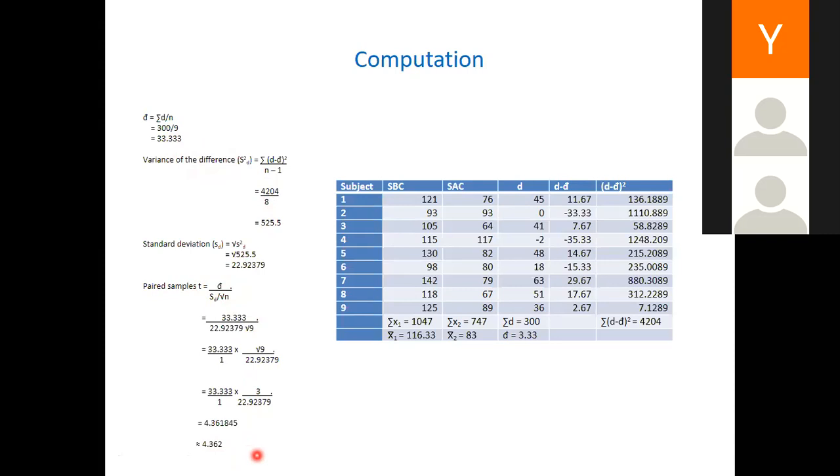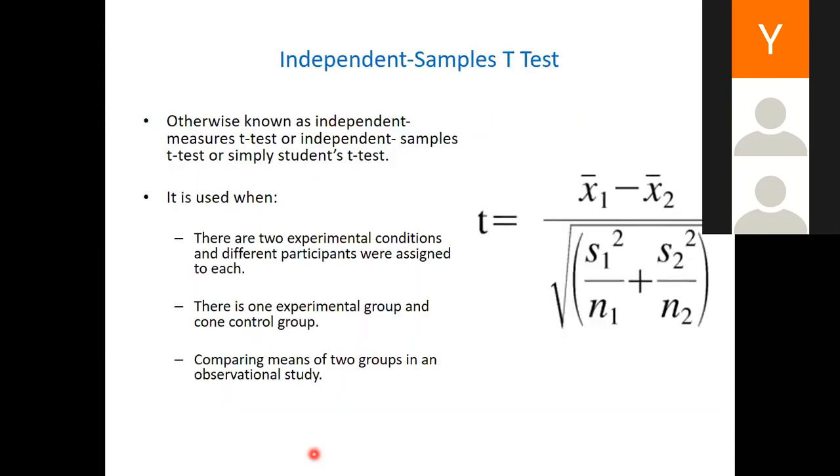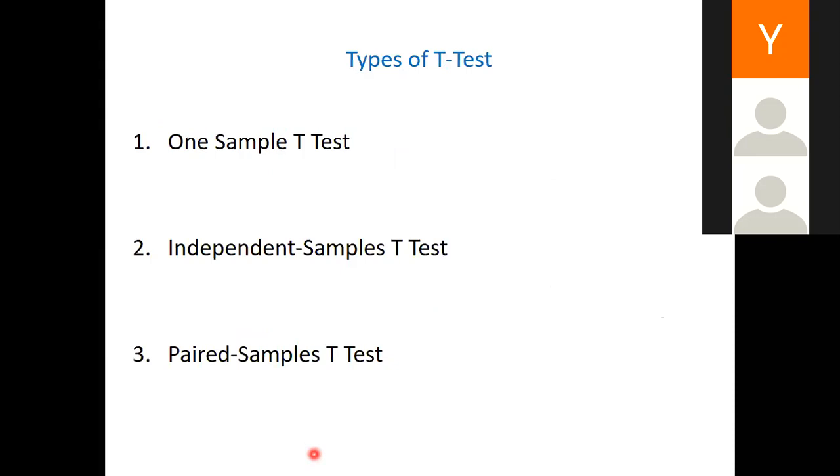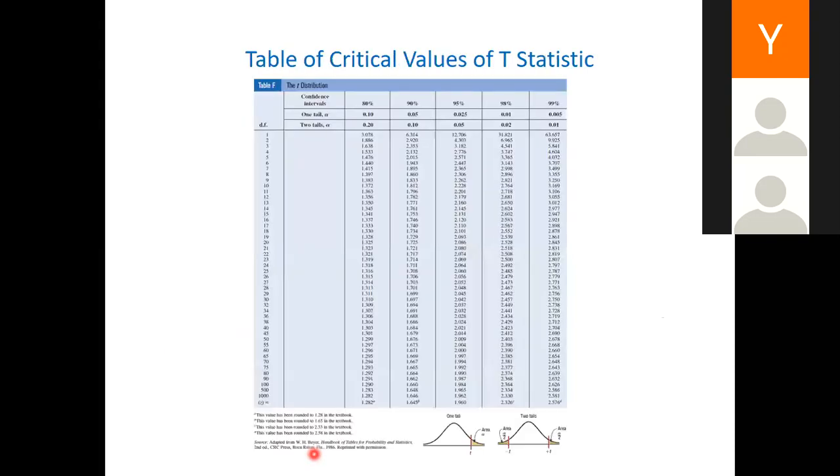And the degree of freedom is 8, because there are 9 of them, so 9 minus 1 is 8. Let's check the table. Degree of freedom of 8.